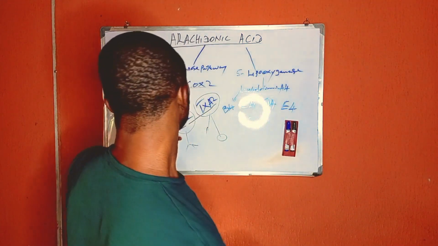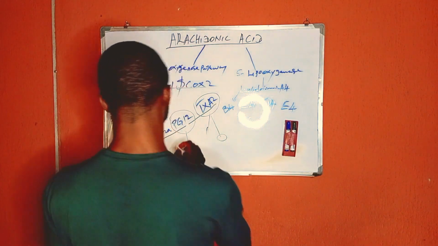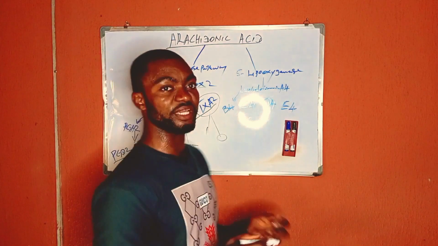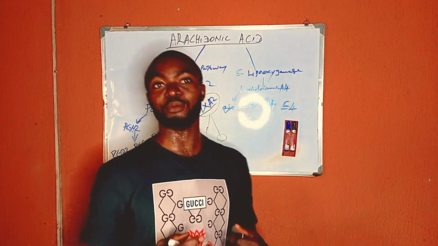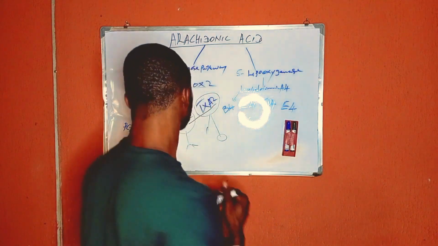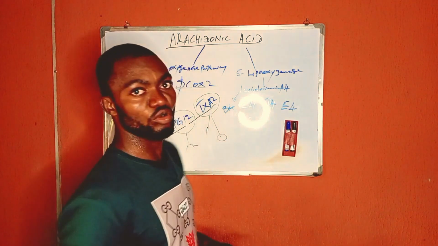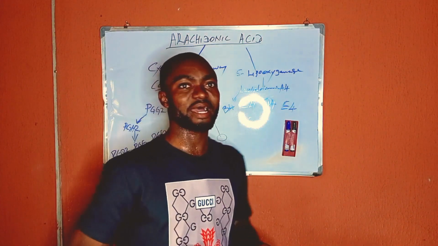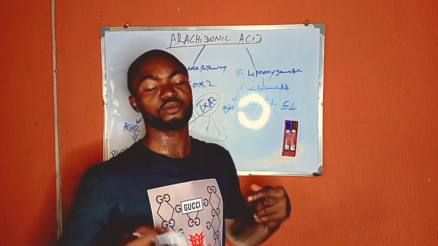And so therefore, the prostacyclin will be a very good help for those having high blood pressure, and it will also help for the maintenance of the stomach and of the kidney, because it increases blood flow.